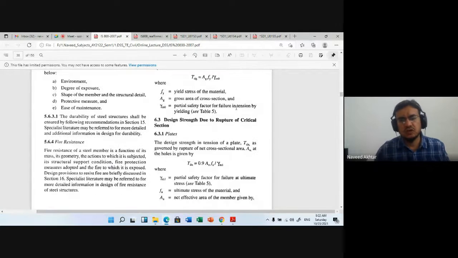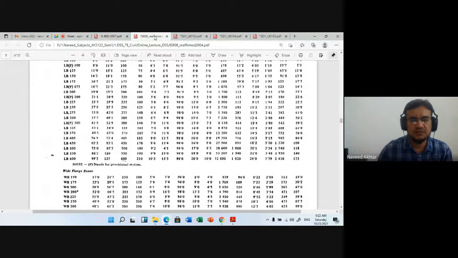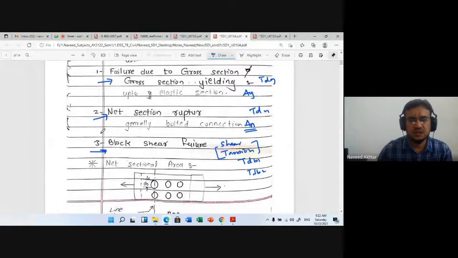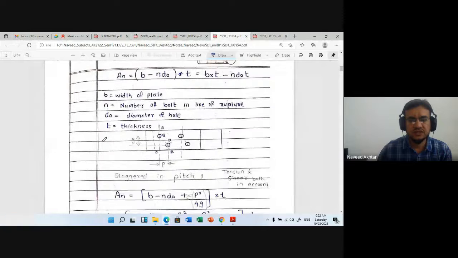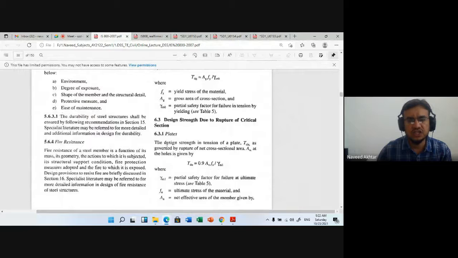Design strength due to yielding of cross section, TDG, is equal to AG FY upon gamma M0. You know this formula has already been used; it is from clause 6.2.